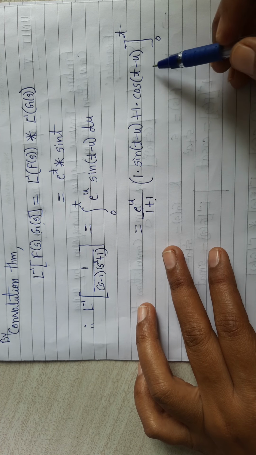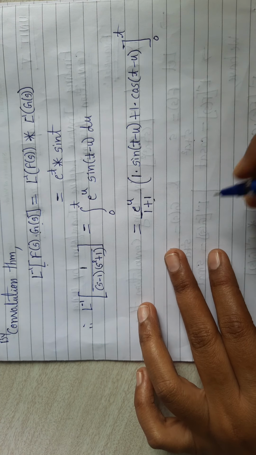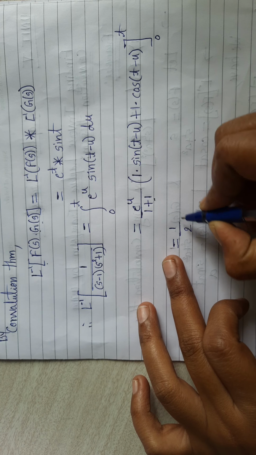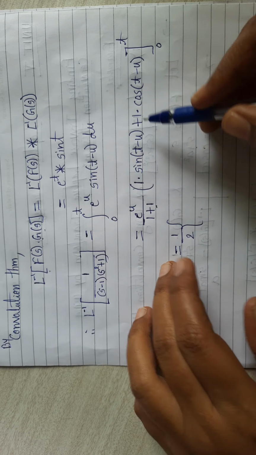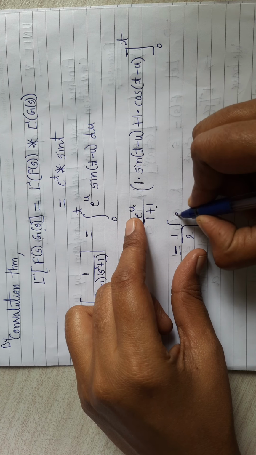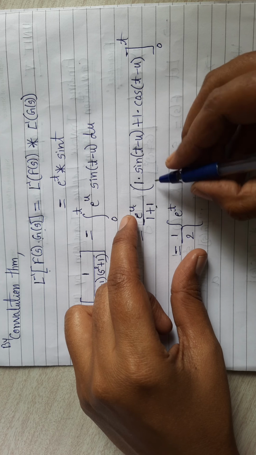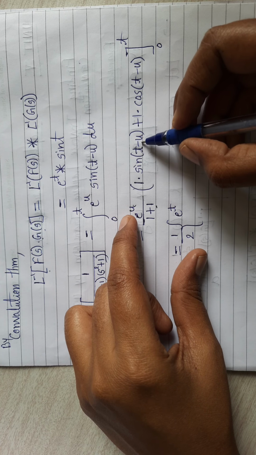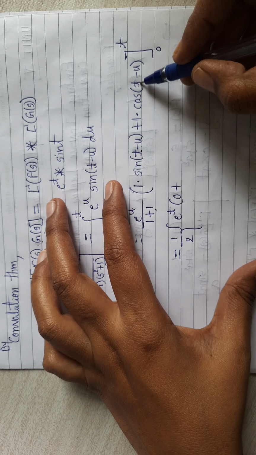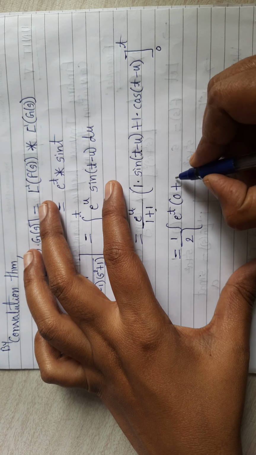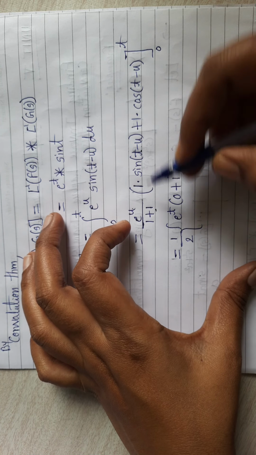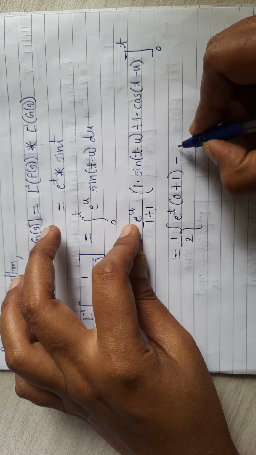Now substitute the upper limit and lower limit. Here 1 by 2 is a constant. First substitute the upper limit: e to the power t into sin of t minus t, so it will be 0, then plus cos of t minus t, which is cos 0, that is 1. Then substituting the lower limit: minus e to the power 0, that is 1.